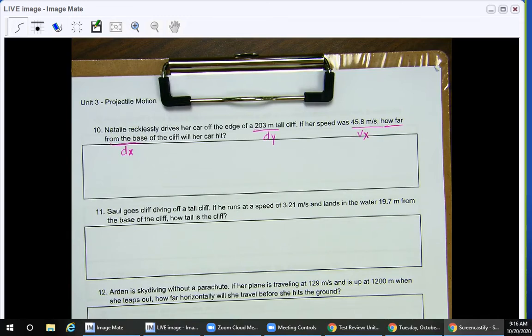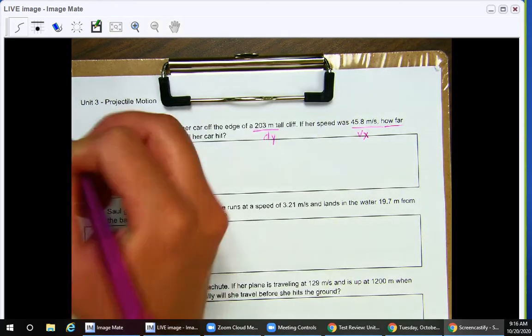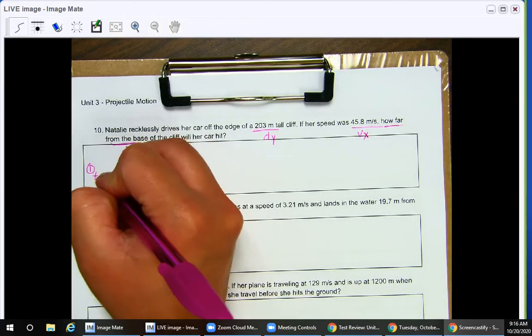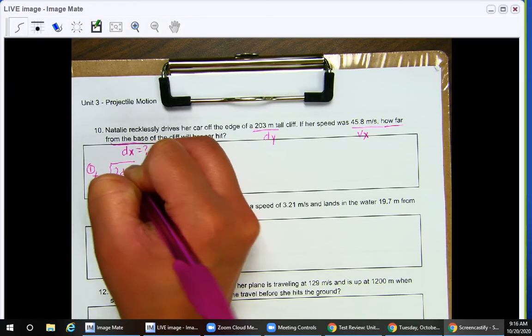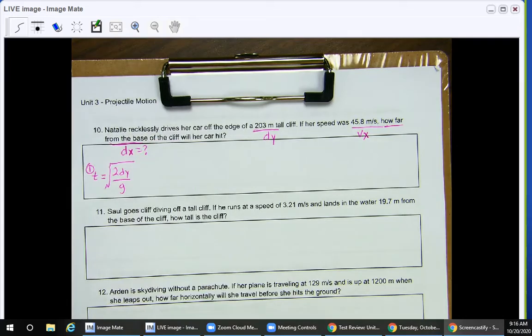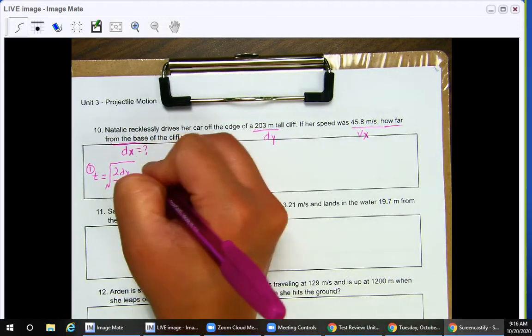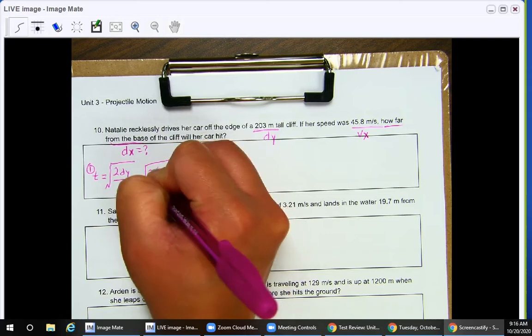Again, this is going to be a two-parter. If you're looking at your formulas to solve for dx, you do need time. So first, we're going to solve for time. And we're going to use the same formula we did last time. Time equals the square root of 2 dy over gravity. You're going to plug in your numbers, the square root of 2 times 203 divided by 9.8.